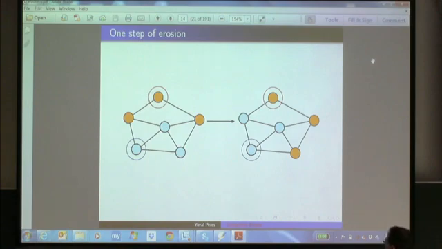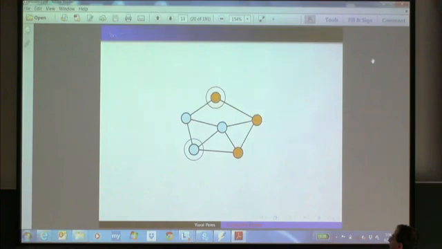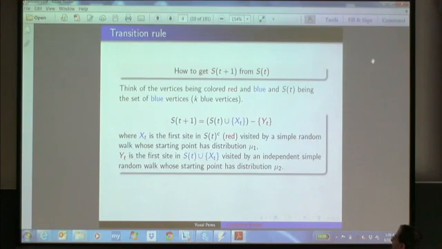So this is the Markov chain on subsets of a fixed size of the given graph, and here the source measures were Dirac measures, but you could have any measure for producing a blue particle that starts moving. Okay, so now that you've seen it, this is the formal definition: S at time t plus 1 is S of t union the endpoint of a blue walk, but you remove the endpoint of the red walk, and this is the new blue set after one step.